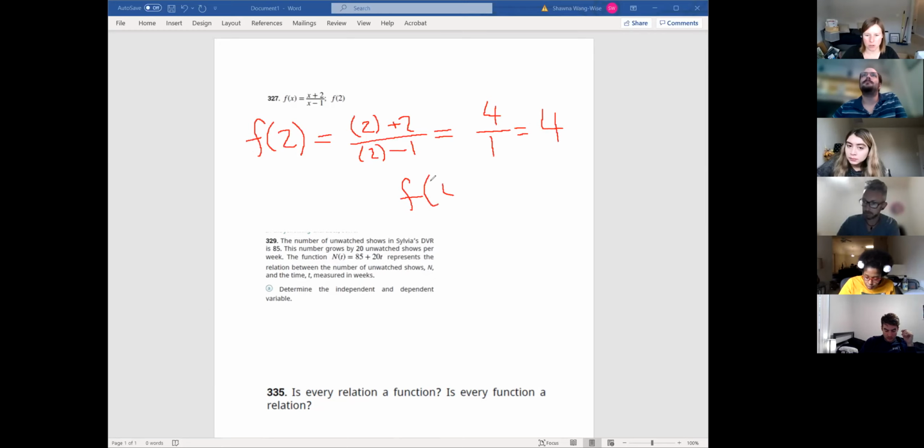Any questions on this one? No? All right, so I'm going to give you all a minute to try 329. We're not going to go to groups because it's a pretty quick one, but I just want y'all to try it and then we'll talk about what you get. So about a minute for everyone to try 329.